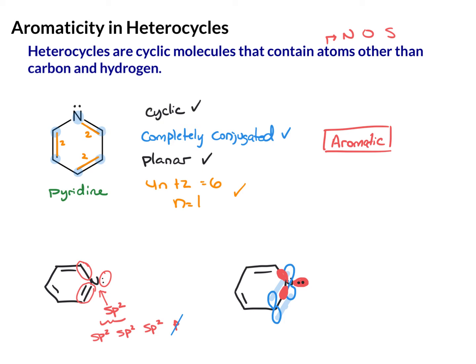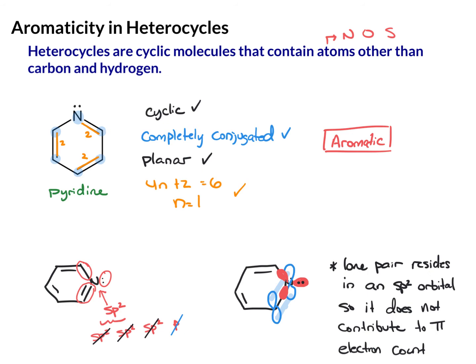So that takes care of our 3 sp2 orbitals. So then, to reiterate what I said above, that lone pair, it resides in an sp2 orbital, so it does not contribute to the pi electron count. In order to contribute to the pi electron count, it would have to be in a p orbital involved in the aromatic ring.